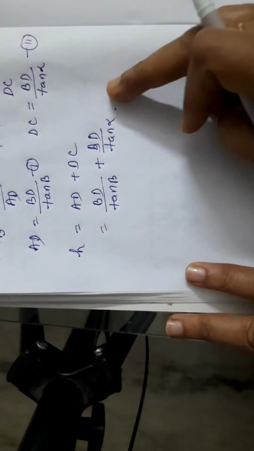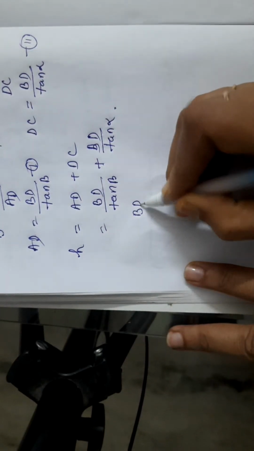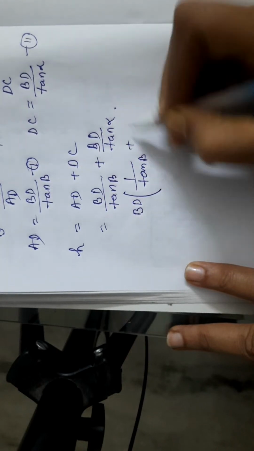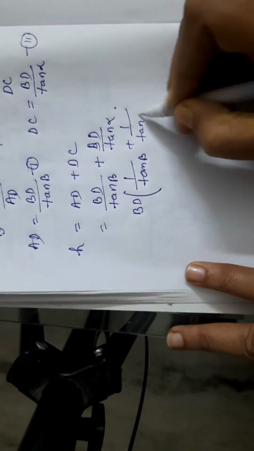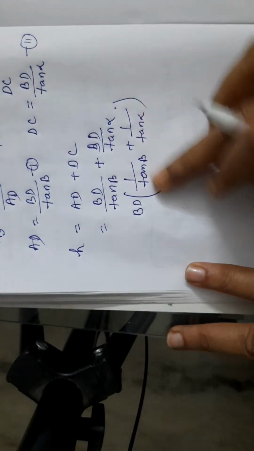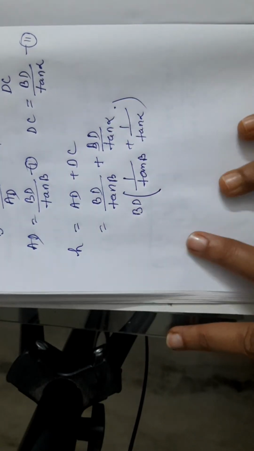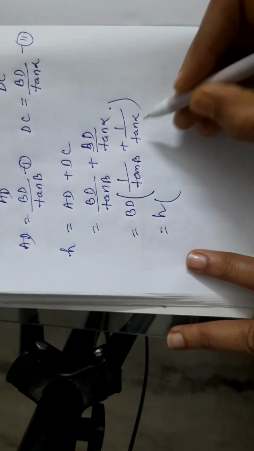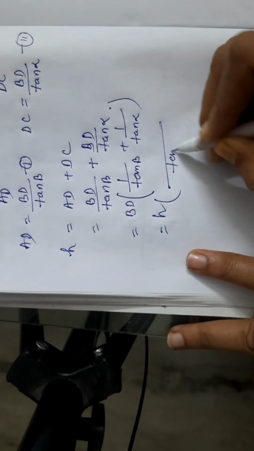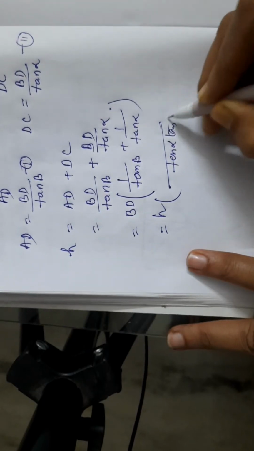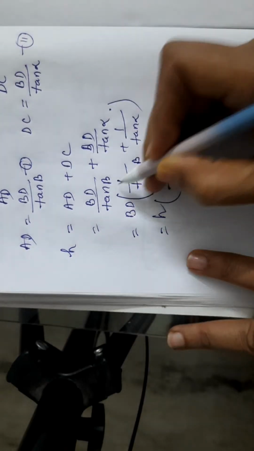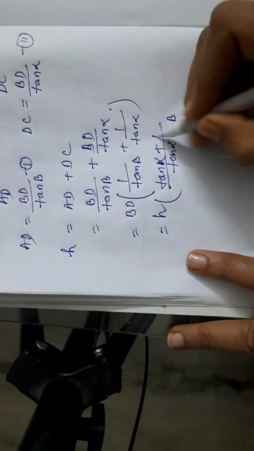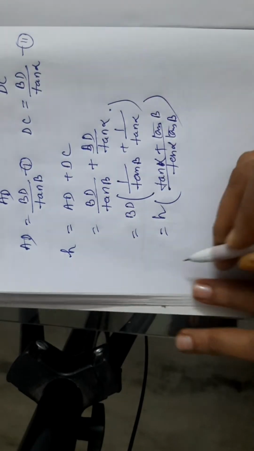In both of them BD is there, so we can take BD common. So it's 1 upon tan beta plus 1 upon tan alpha. Now we take the LCM and cross multiply. BD is nothing but H. Replace it with H. If we take the LCM, tan alpha and tan beta will be the LCM. So tan alpha multiplies with 1, and tan beta multiplies with 1. This only we need to prove.